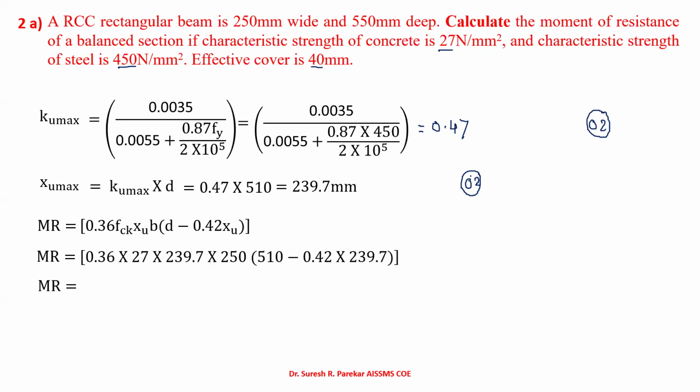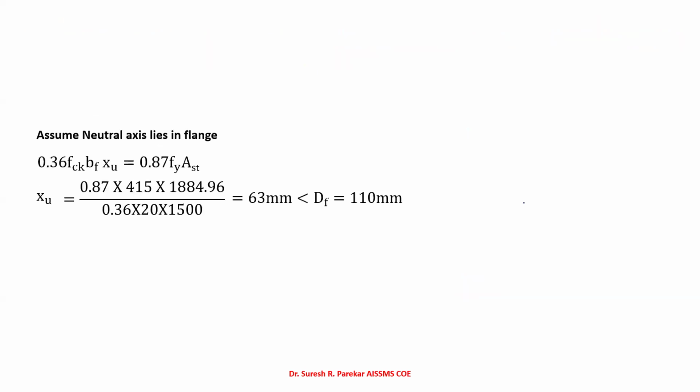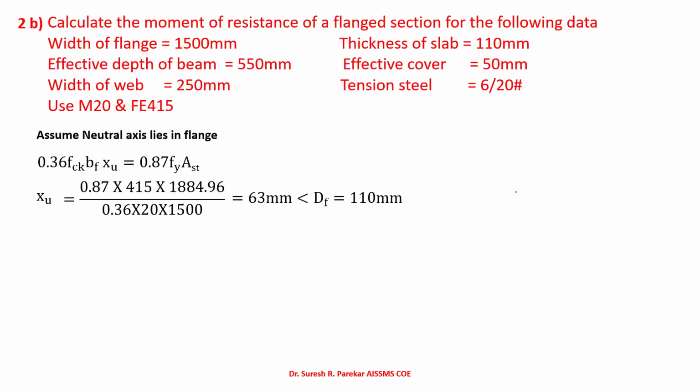We will substitute the values, and by substituting, I will get the value of MR as 238.42 kilonewton meters, and this will be for 3 marks. So this question is for 7 marks, 3 plus 2 plus 2, that is 7 marks.